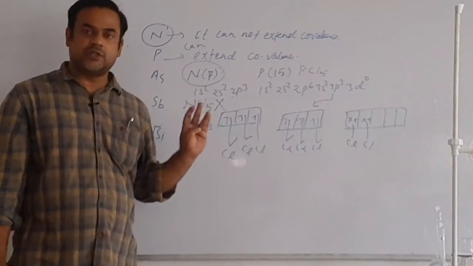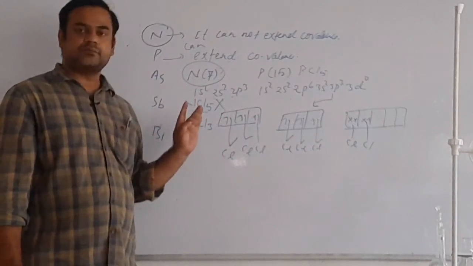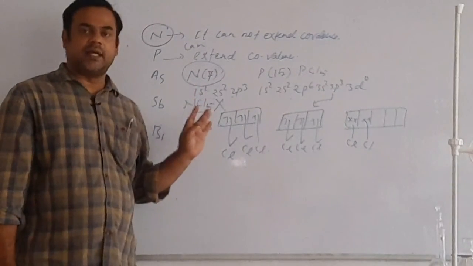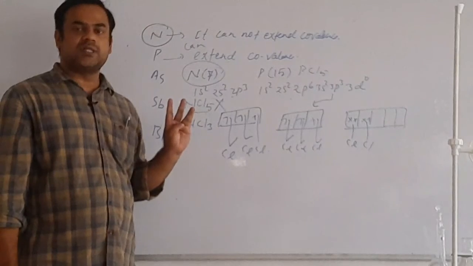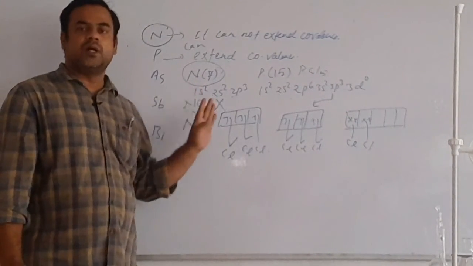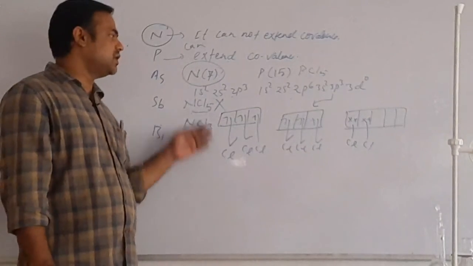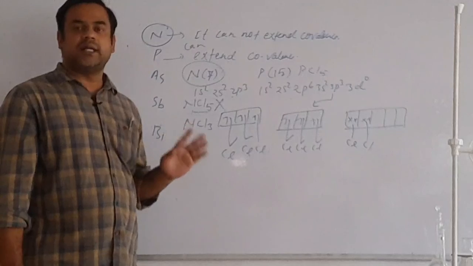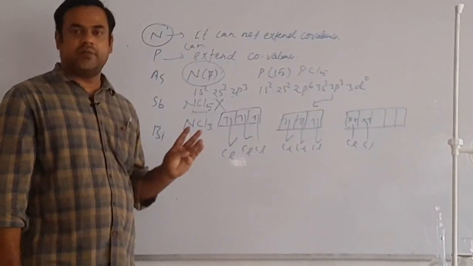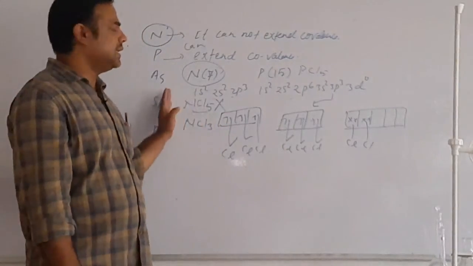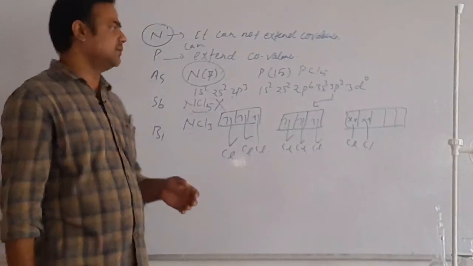Second, its size is small, and third, and the most important, its electronegativity is high. High electronegativity, small size and absence of vacant d orbital give peculiar behavior to nitrogen. So whenever you get any question related to nitrogen, you can answer in these 3 points: high electronegativity, small size and absence of vacant d orbital, and then you can answer very easily.